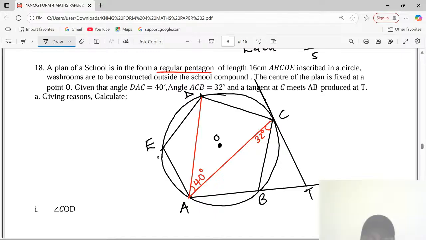It is upon the learner now to come up with such a drawing. Then you proceed to solve.